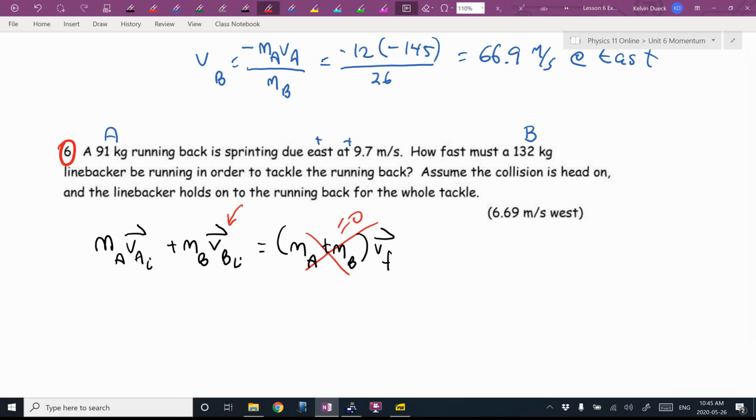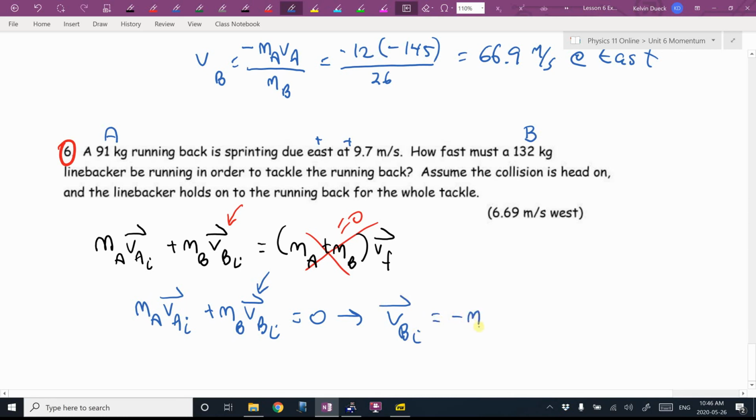So 0. So, really, I get this. Mass A, velocity A initial, plus mass B, velocity B initial, equals 0. I want to get that by itself. I'm going to minus, so it's going to be this. The velocity of the linebacker is going to be the opposite of the mass of the running back times the velocity of the running back, and then divide by the mass of the linebacker.